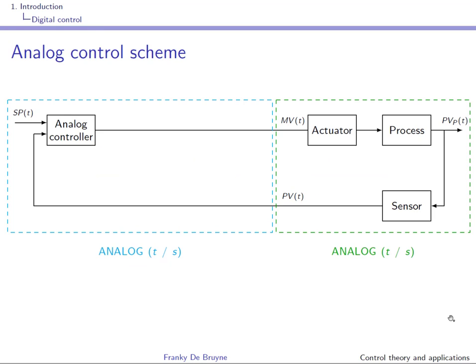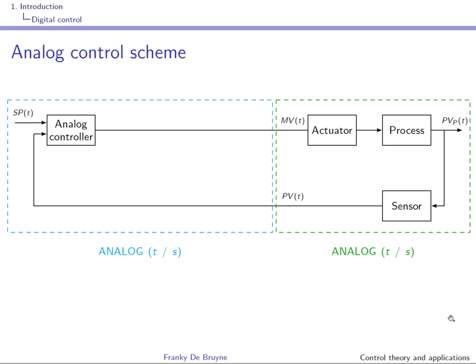The analog control scheme is illustrated here. The process here with actuator and sensor is described in continuous time or in the Laplace domain. The description of the process in the Laplace domain is used to design an analog controller. And as said before, in the old days, this analog controller was implemented using hydraulics, pneumatics, or analog electronics.